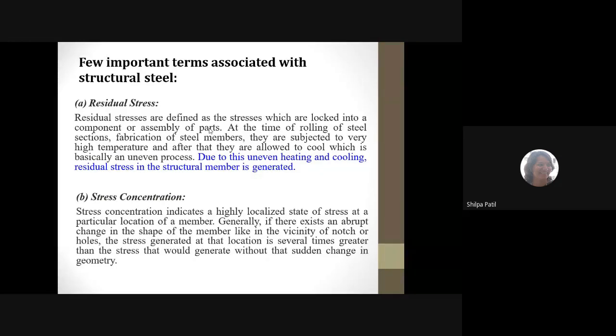And these locations are actually problematic for the steel section. Though these help in getting connected with another section, these are locations of highly localized stress concentrated areas. And obviously, these create problems when we subject such sections to axial tension.